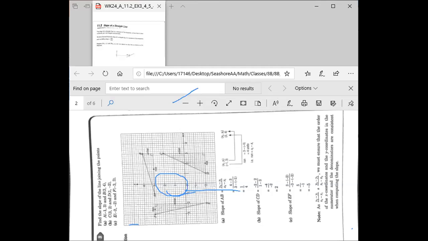Let me see if I can go back to my screen so I can do the note. Okay, share the screen.